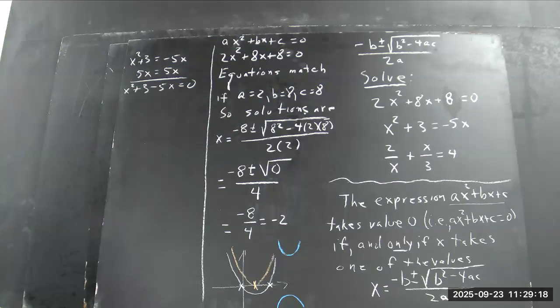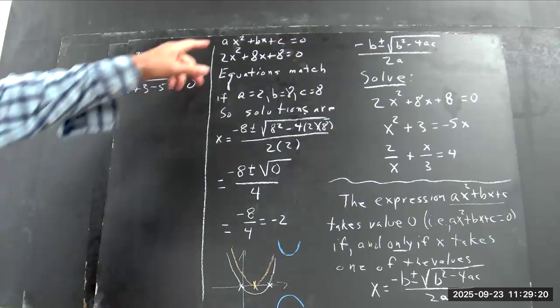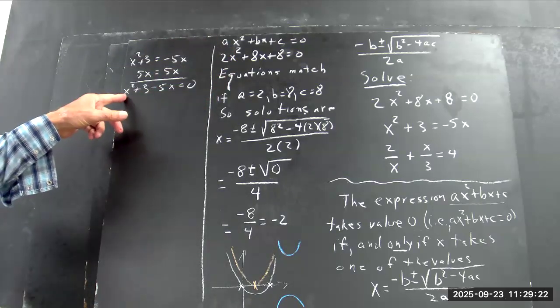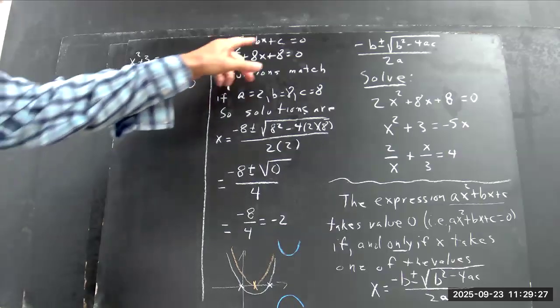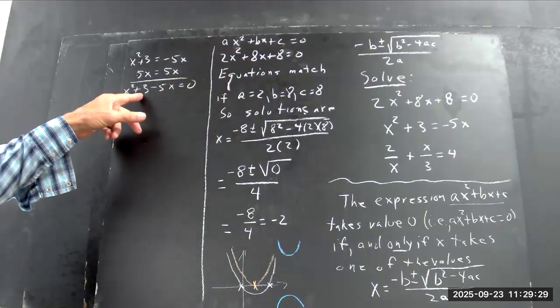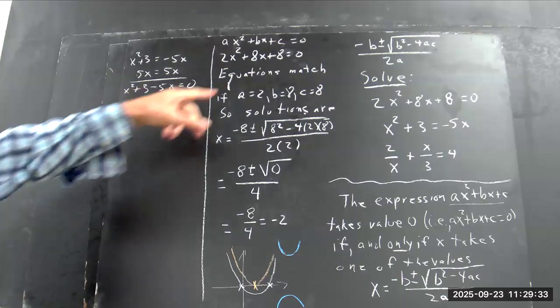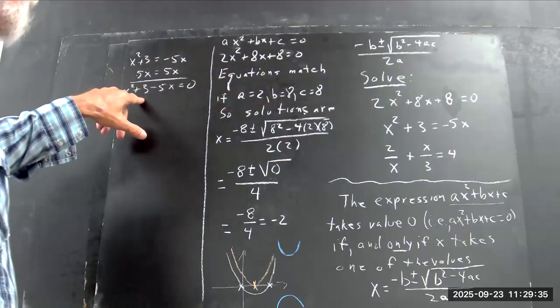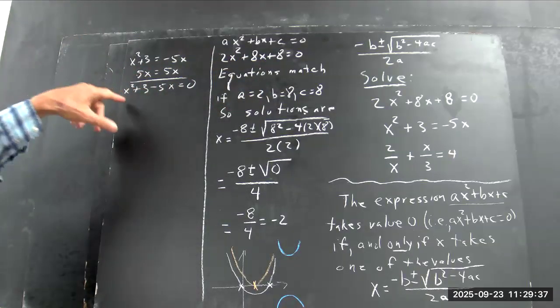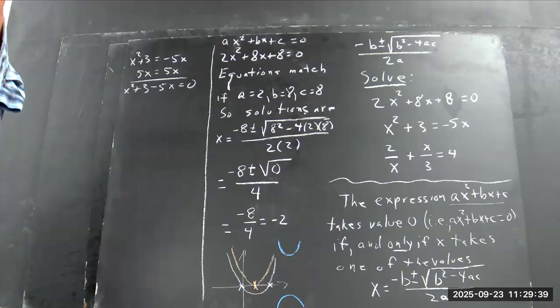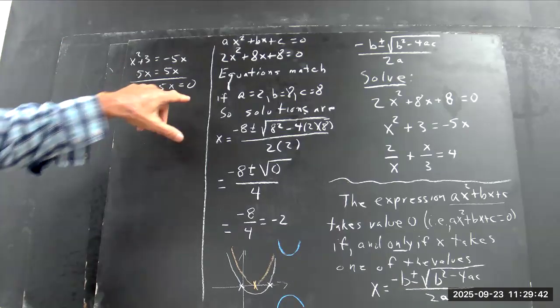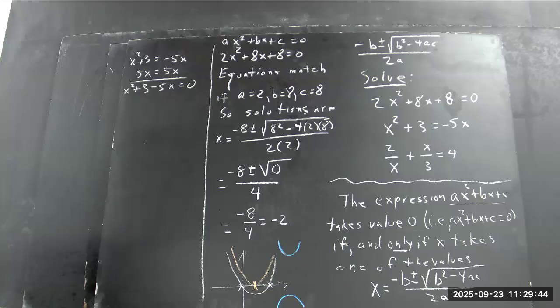Now, is it in this form? Well, no, not really. But if you notice that a is the coefficient of x squared, you can identify it. It's just 1 in this case. And b is the coefficient of x, so don't read this as your b. Read this as your b, right? And then c is the number that doesn't have an x on it. So you could use the quadratic formula with an equation in this form, but I don't recommend you do that.